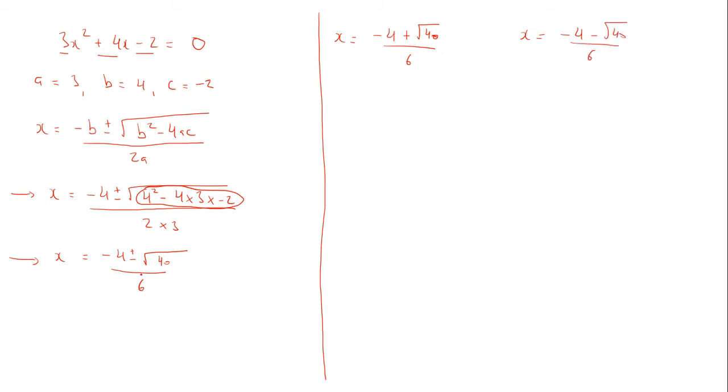That's what that plus or minus means. Put these both in the calculator separately. This one comes out to be 0.39 to 2 decimal places, and this one comes out to be negative 1.72 to 2 decimal places. And that's it, we solved it. Those are the 2 x values we need. You'll almost always get 2 x values with these.